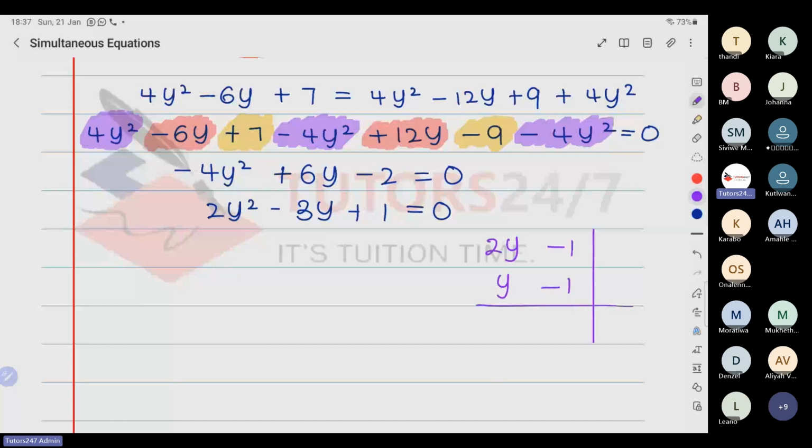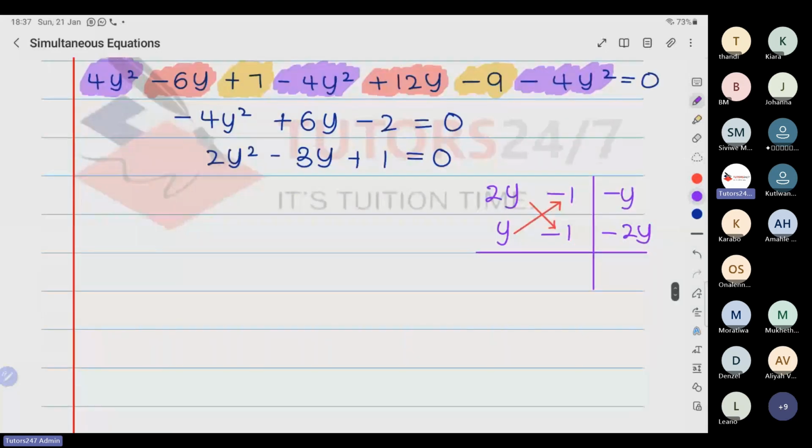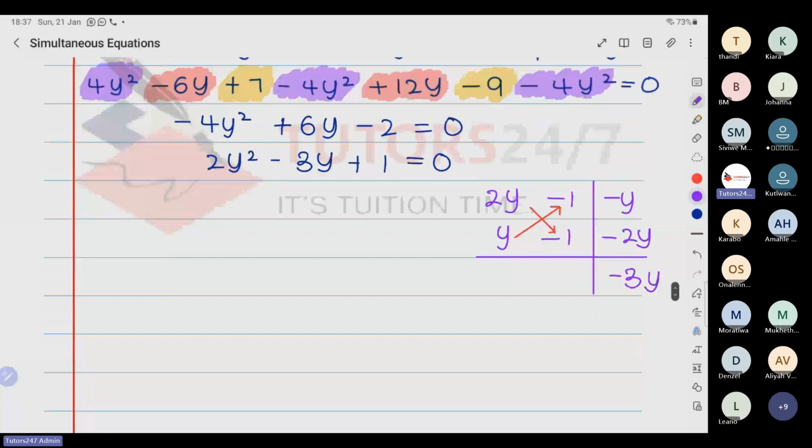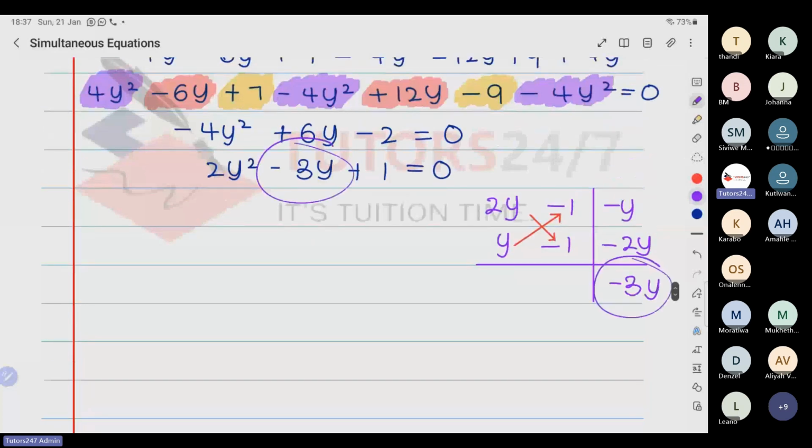From here, we can cross multiply and then add them to see if it gives us the middle term. So that'll become -y. That'll become -2y. Add them up, -y, -2y, that gives us -3y, which is the middle term, as you can see, which means our factors are correct.